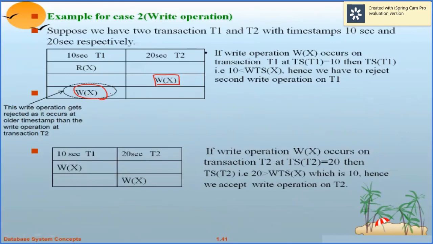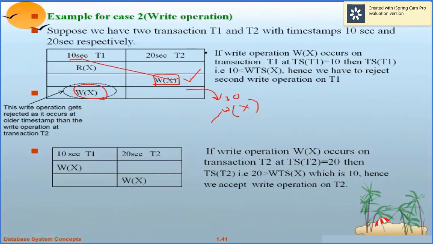Definitely this can't happen, because once this is completed at 20 seconds, after that, at the greater timestamp value, it has to write again on data element X. But it cannot make changes to the final value of transaction T2 with a lesser timestamp value, because the timestamp value is less.